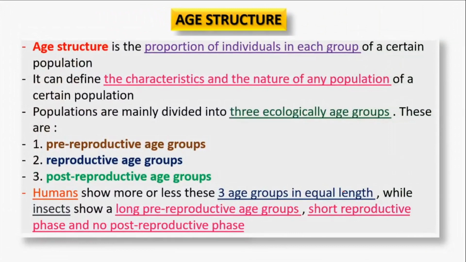So next is the age structure. Age structure states the proportion of individuals in each age group of a certain population at a certain time.